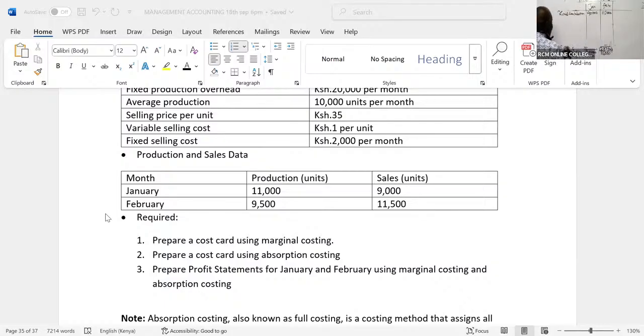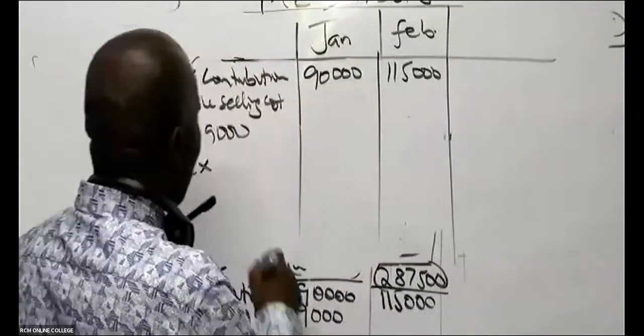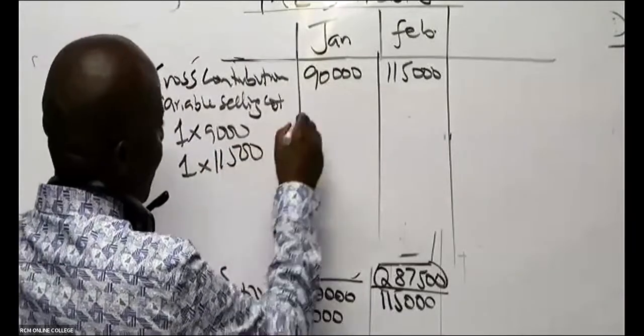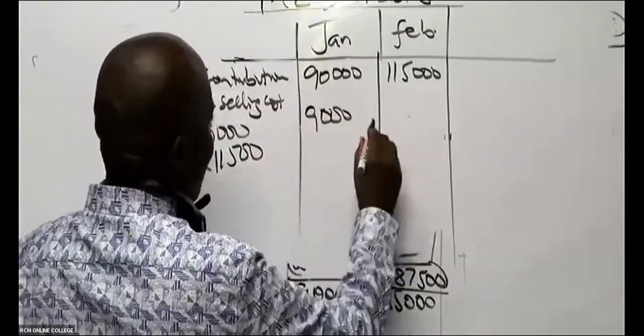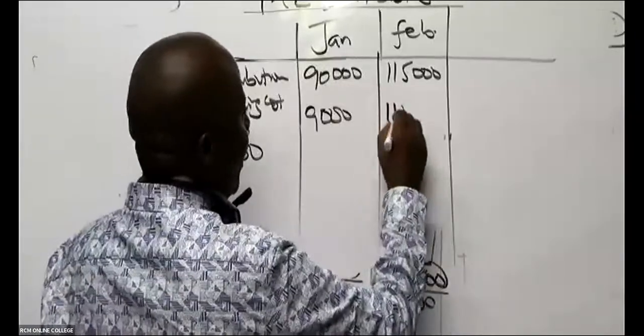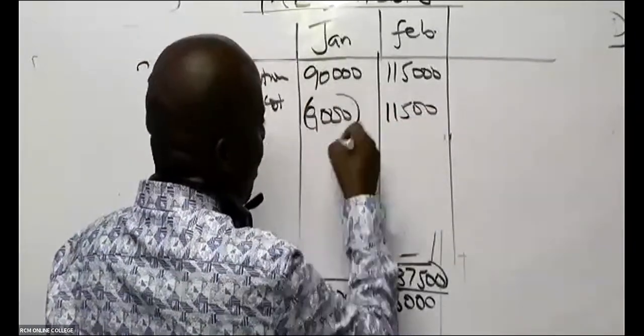And then under it we come to less the variable selling costs. January, it will be 1 times 9,000. February, it will be 1 times, how many units do we sell in February? 11,500. Yeah, so we sold 11,500. So this one will be 9,000, and this one here will be 11,500. Please subtract. That is the only one.